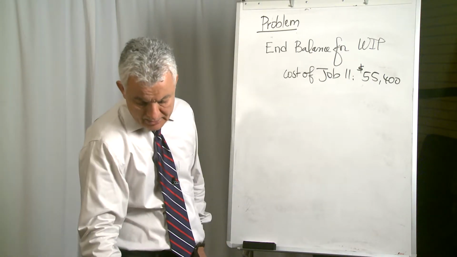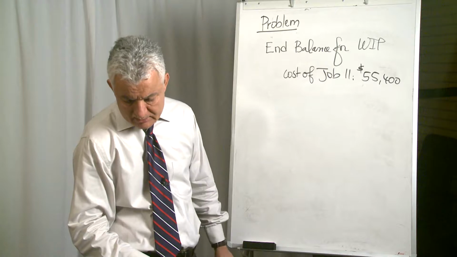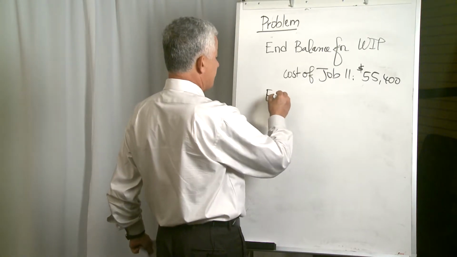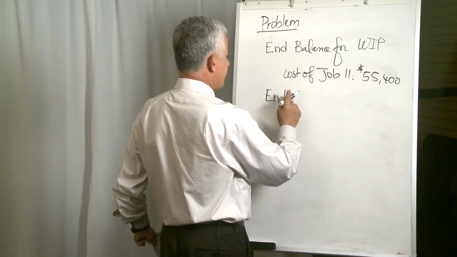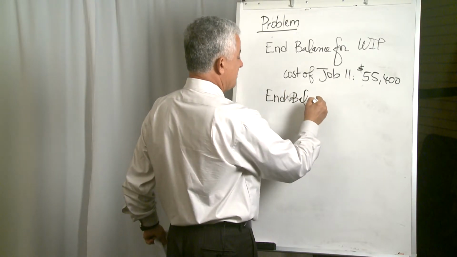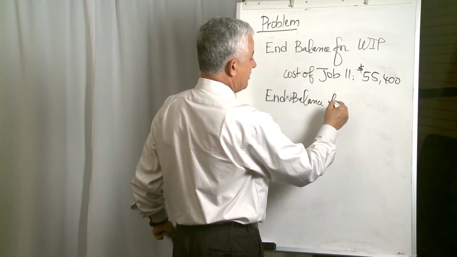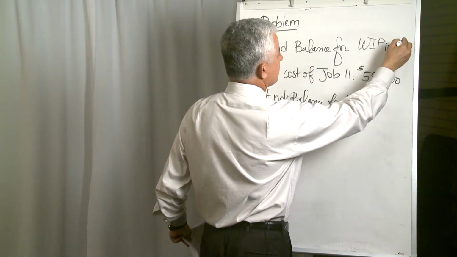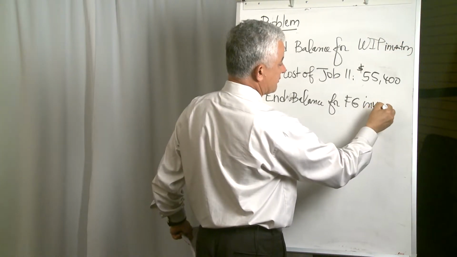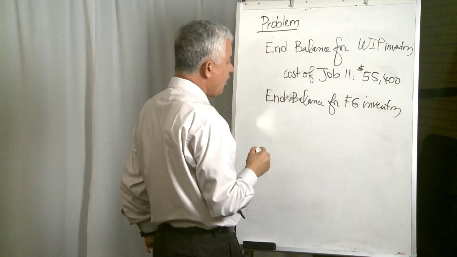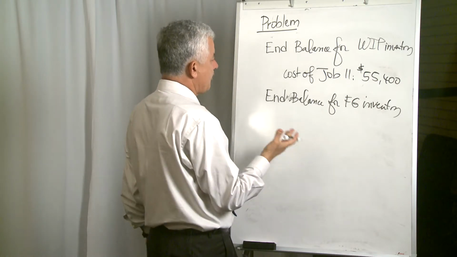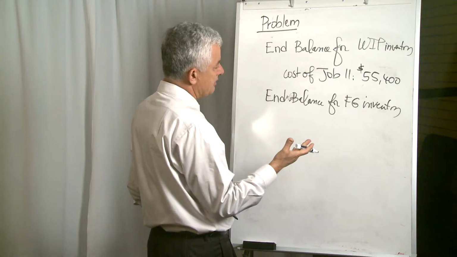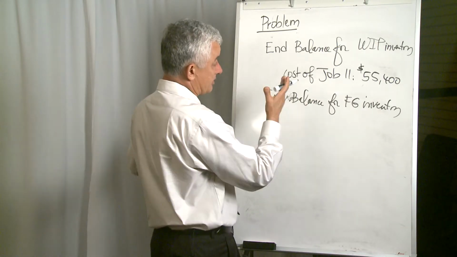Then they ask, what is the cost assigned to the ending finished goods? The ending balance for finished goods inventory will consist of what? Job 12, because remember that jobs 10 and 12 were completed, and we know that job 10 was sold.